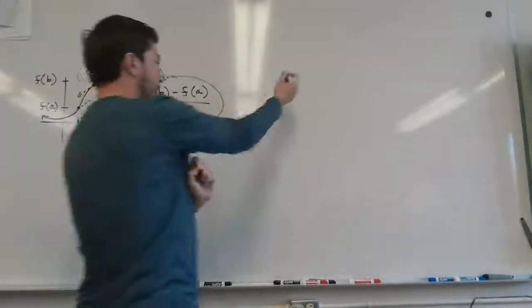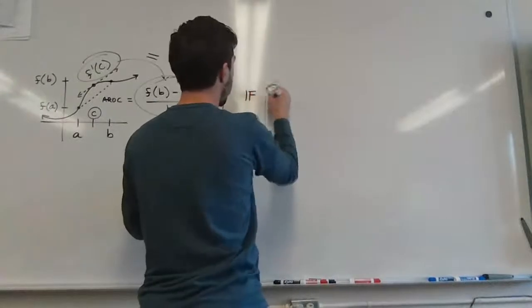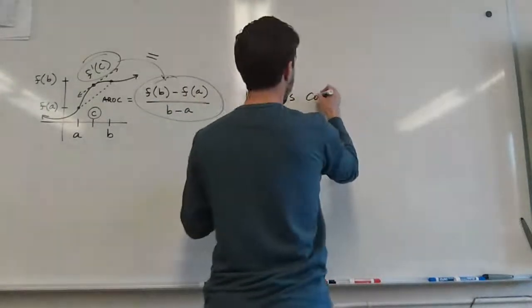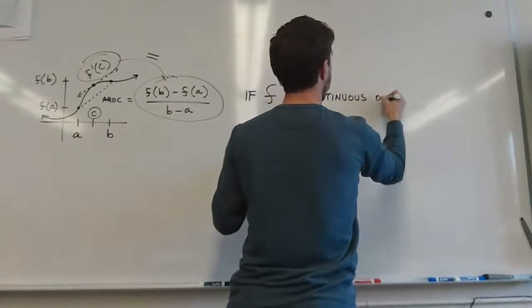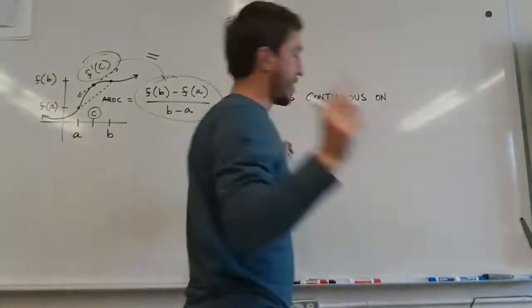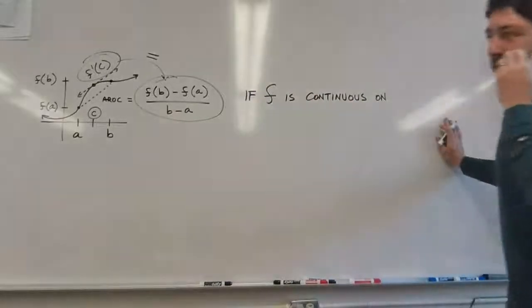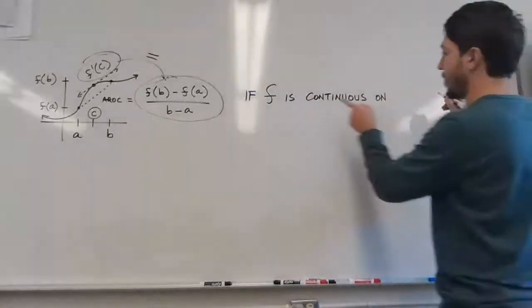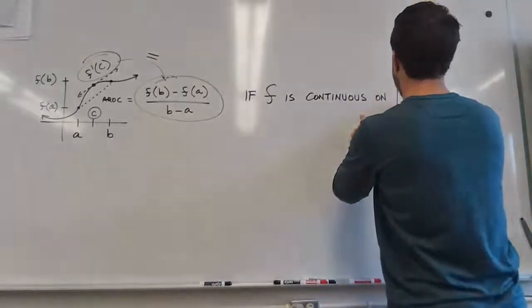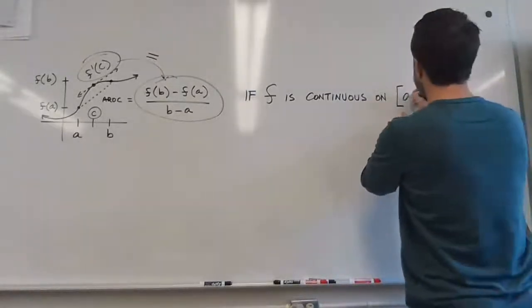Okay, so what's my condition? It's if f is continuous. Can't you just say differentiable? We'll get there. Yeah, this will be a stronger statement. So the trick is it's got to be continuous on the closed interval from a to b.